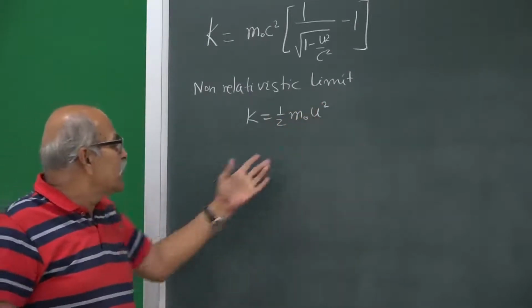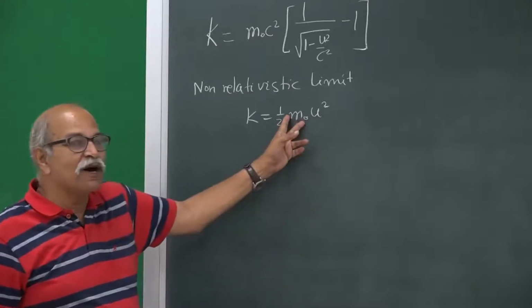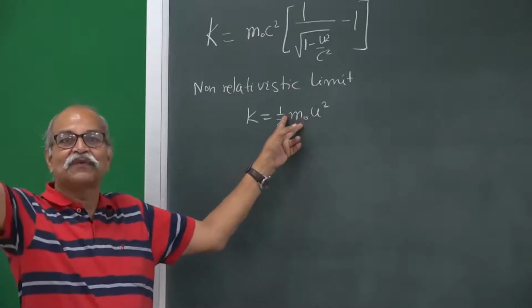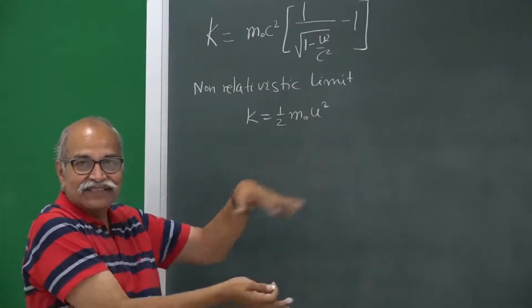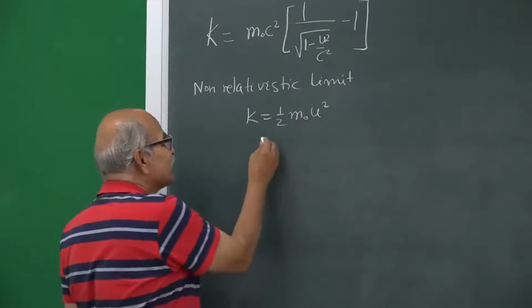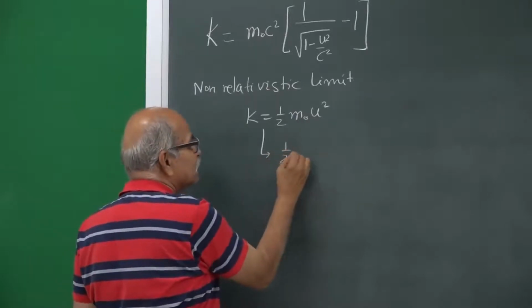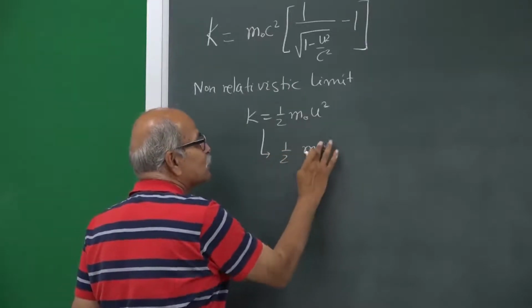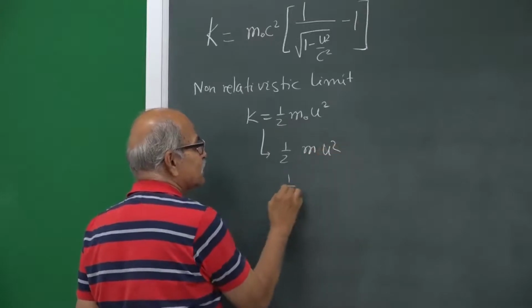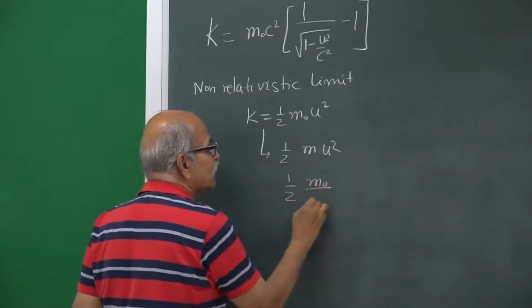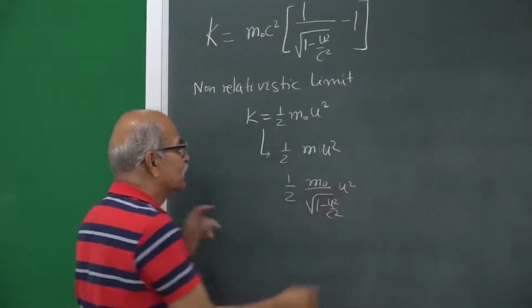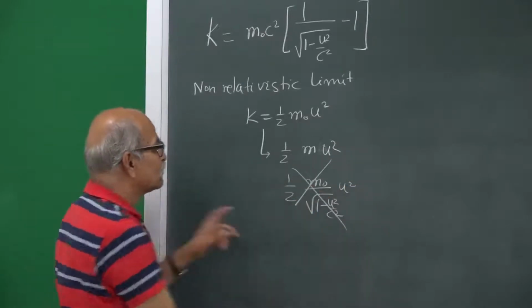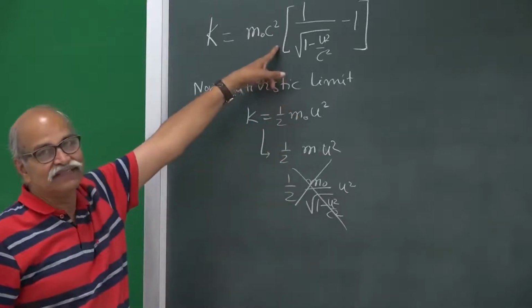If you say that in place of rest mass, the mass increases because of velocity, and therefore we have to put that increased relativistic mass here, and you modify this as half m times u square, which is m naught by square root of 1 minus u square by c square times u square, it will not work. This is not the same as this.